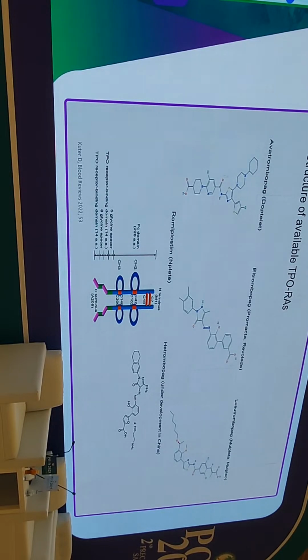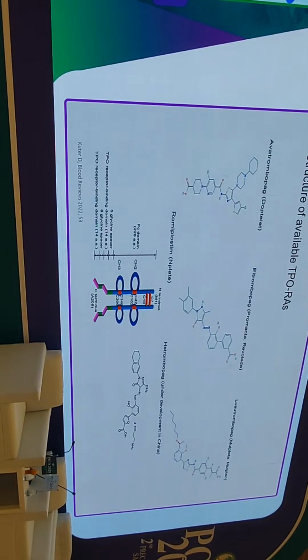Then came eltrombopag. This was 2006, 7, 8. I was in King Fahad University. And then the other is newly born, in the second decade of the 21st century. And there is a new one coming from China, called Lusutrombopag, but not yet available.